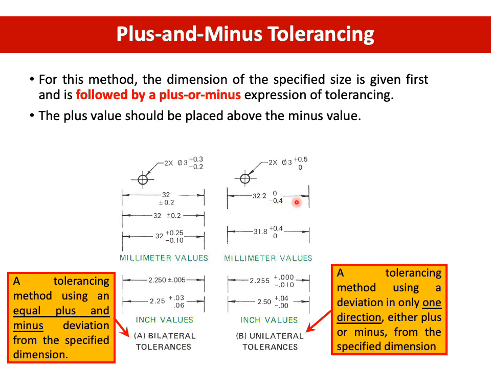Make sure you understand that for 0 you don't need to put either plus or minus. Only if there is a plus value do you need to put the plus symbol. If there's a decrement in the tolerancing values, then you put the negative.